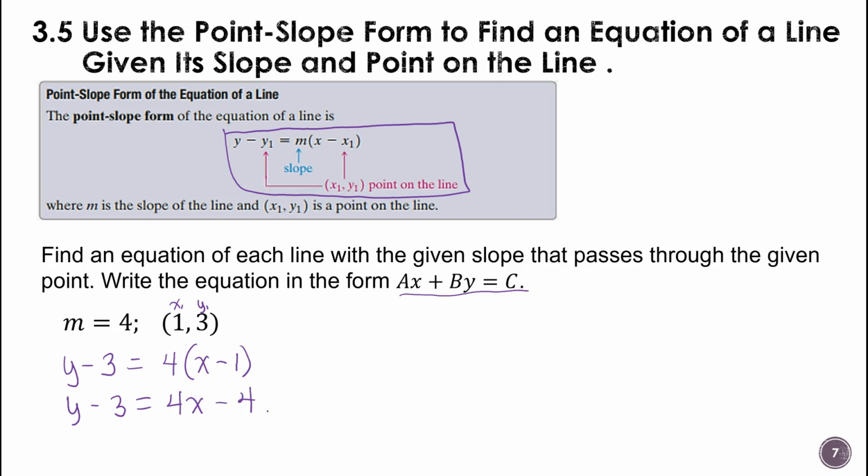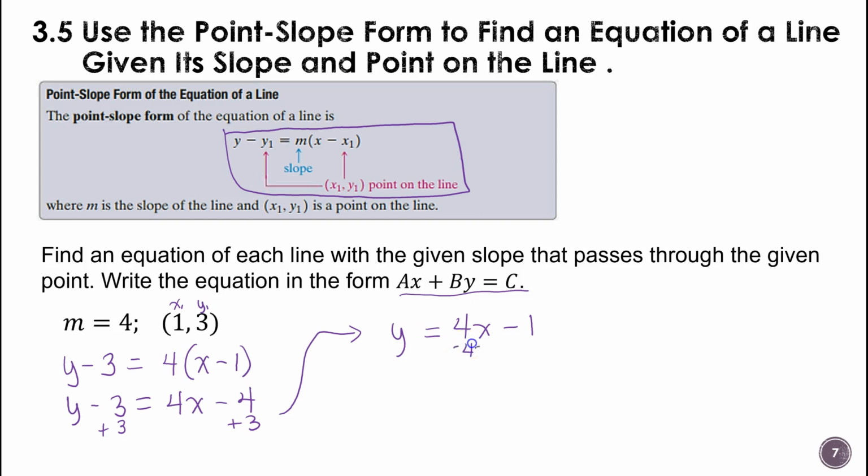All right. Now, we want to kind of rearrange this equation. We want the constant terms together on the right-hand side. And so that's going to give me y equals 4x minus 1. And then we need the 4x on the other side because we're going to write it with the x first, then the y, and then c.